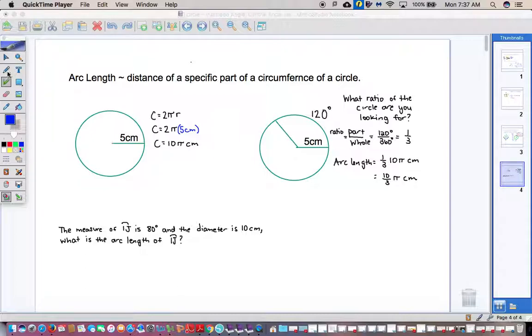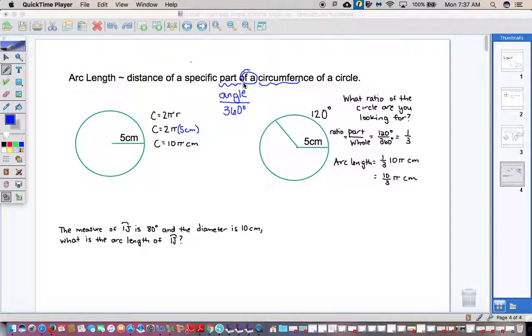So it's a specific part, in relation to the entire circle, which is 360 degrees. So we want to know the angle measure of the arc divided by 360 degrees times the circumference of a circle.